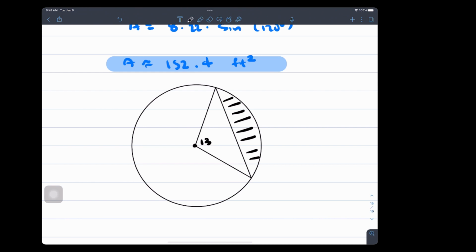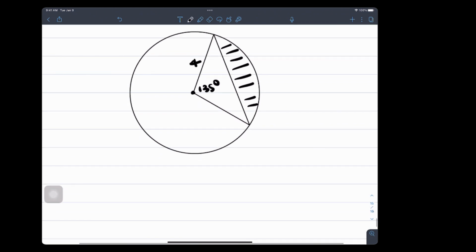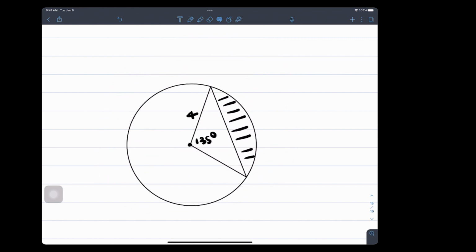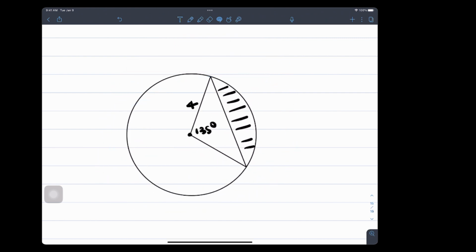This measures 135 degrees, and then this measures 4 units. Okay? Now, you guys know if that's the center of a circle, this also measures what? 4. Is that true? You know what they're going to ask? What is the shaded area?